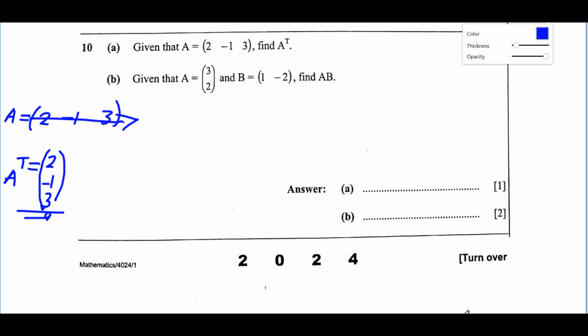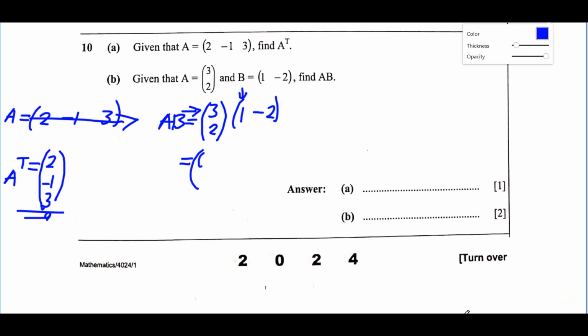Then for question B, we just need to find the product of matrix A and matrix B. So begin with matrix A, matrix B. So same procedures. So we are going to first see row by column. So the first row is this one times this column.